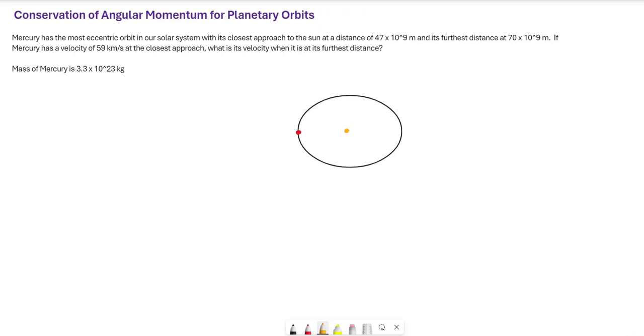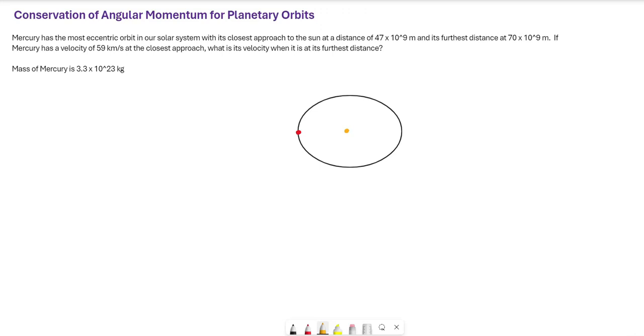For planetary orbits, these are actually slightly elliptical and not perfect circles. And in our solar system, Mercury has the most elliptical orbit, meaning its distance from the sun varies the most.